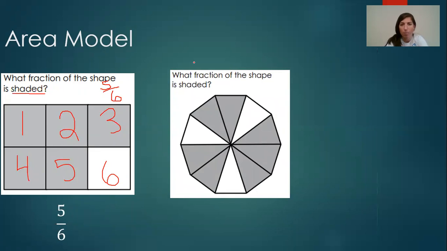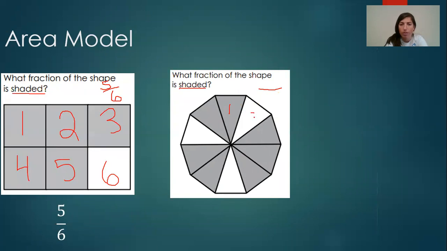Same question this time. What fraction of the shape is shaded? Okay, and again, I like to start with my denominator, and then we'll count our numerator after. Sometimes, especially in a shape like this, where there's a lot of pieces, it's easy to get confused and lose track, which is why I like to number how many pieces I'm counting.